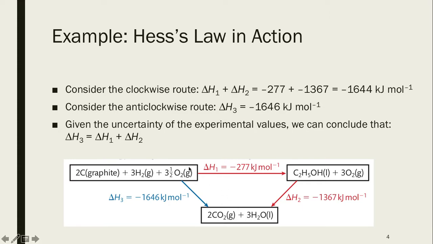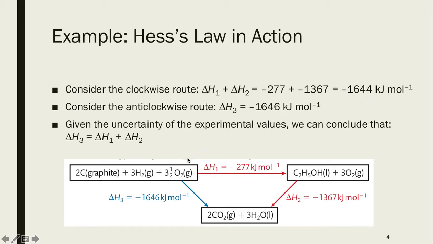If we consider the clockwise route, which is in red, we have two reactions, so two enthalpies, and we can add those together, the negative 277 and negative 1367, to get a total of negative 1644 kilojoules per mole.